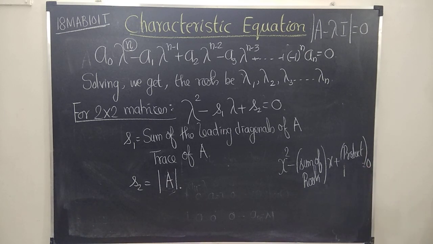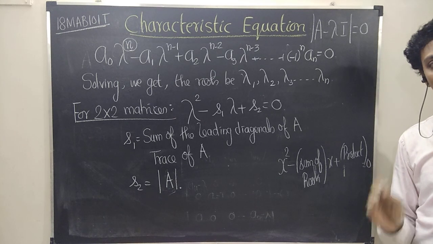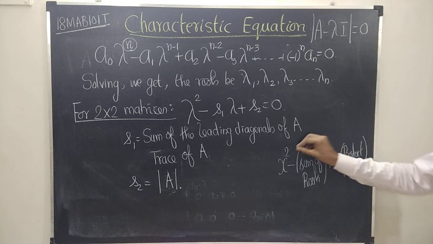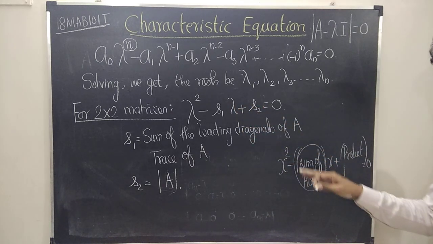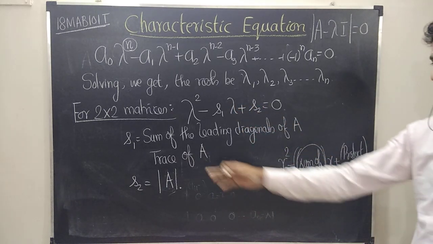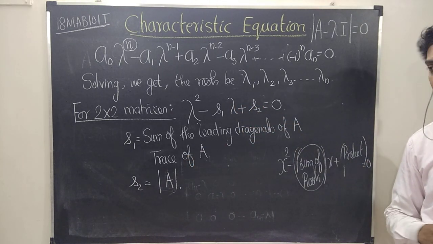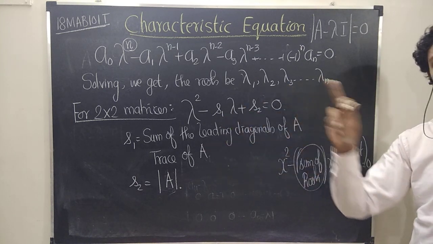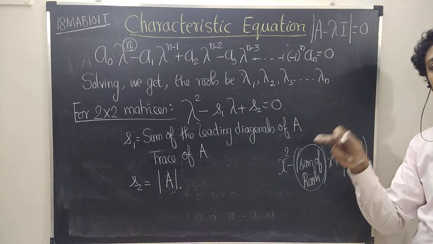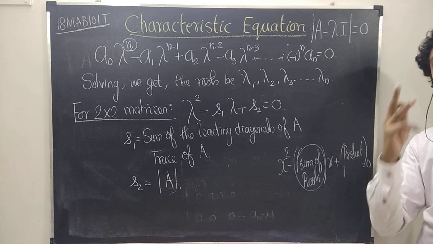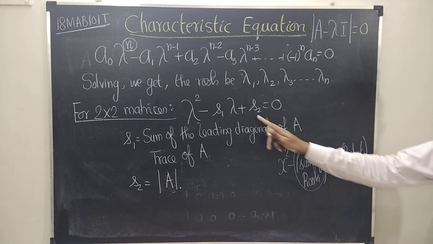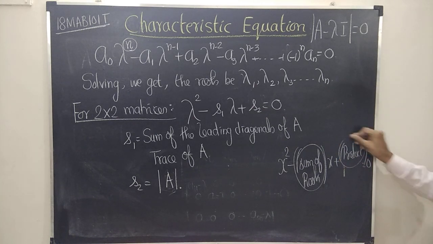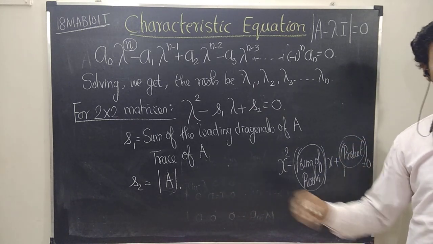This is the second degree quadratic equation format. Here the sum of the roots is the sum of the leading diagonal elements of the matrix, also known as the trace of A. This is S1. S2 is the product of the roots, which is the determinant.